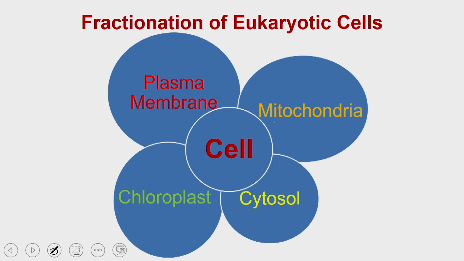These are mitochondria, plasma membrane, chloroplast and cytosol. Chloroplast is the protein production machinery in the case of plants, whereas in the case of animal cells, the cytosol is the site for protein production.